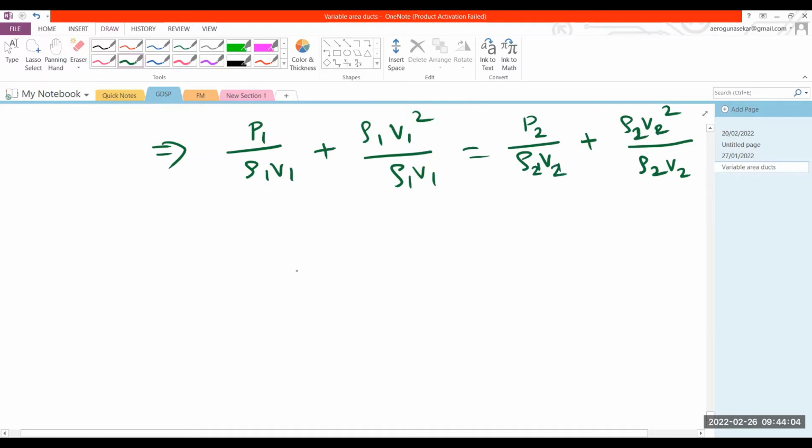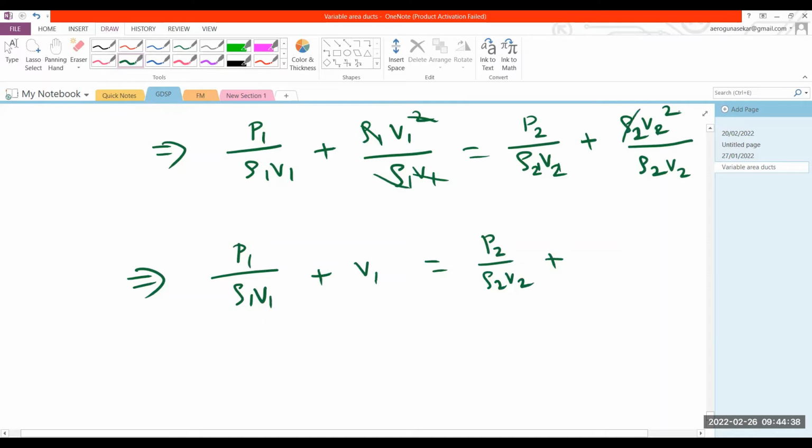Simplifying, rho 1 and V cancel out, leaving V1, equal to P2 by rho 2 V2 plus V2, where rho 2 also cancels.